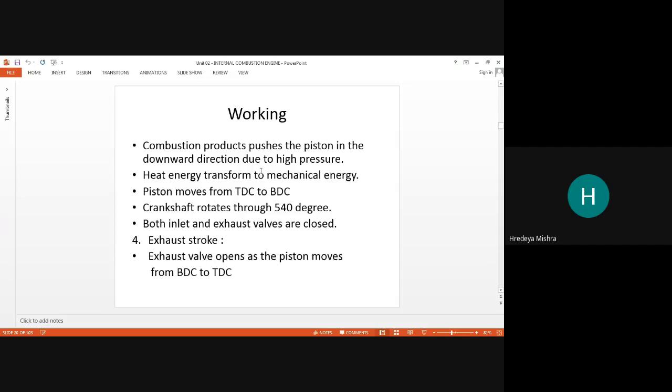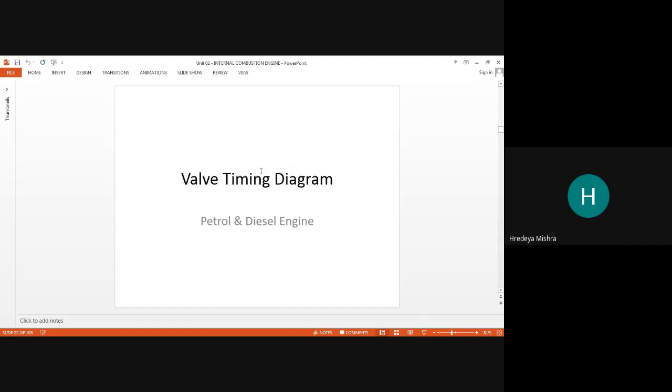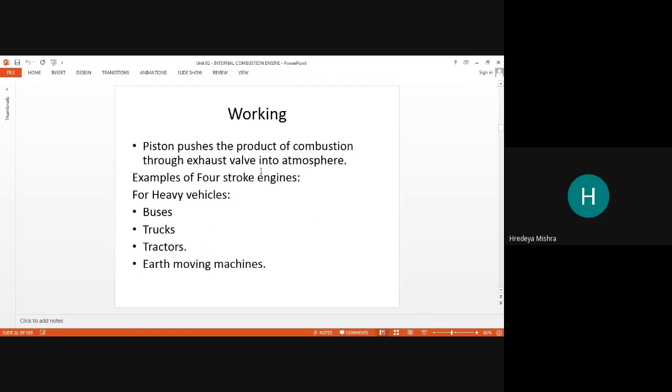The piston moves from top dead center to bottom dead center. The crankshaft rotates around 540 degrees. Both inlet and exhaust valves are closed. Exhaust stroke: the exhaust valve is open and the piston moves from bottom dead center to top dead center to release the exhaust gases. So that is your working.